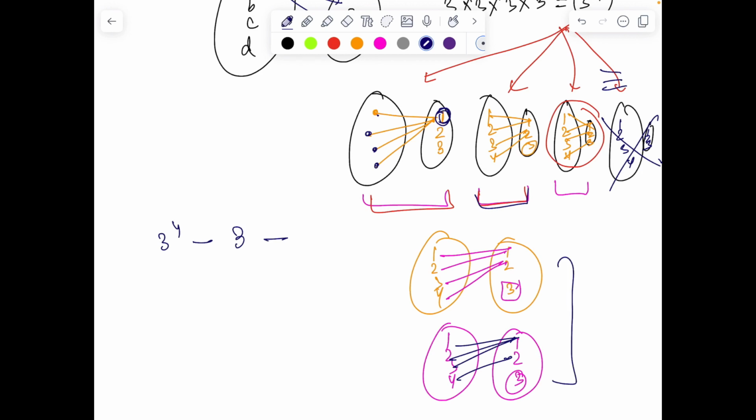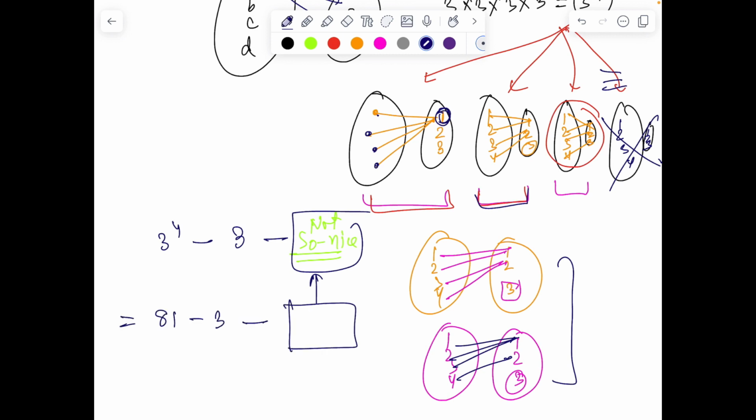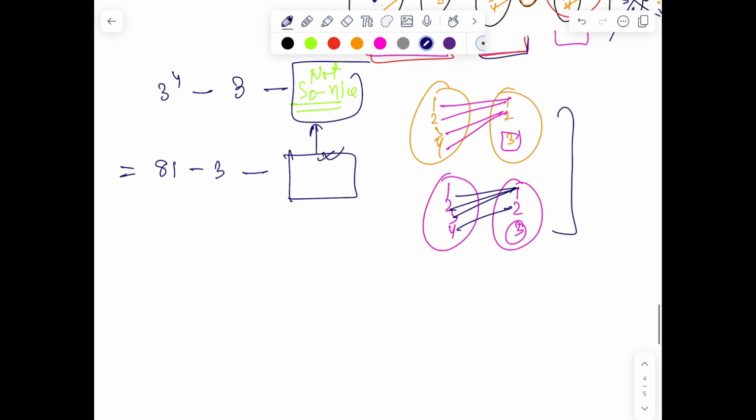Or it might happen like 1, 2 is going to 2 and 3, 4. So there are so many ways. Now counting this is not so nice, right? But if somehow you can count this total number of functions, then the problem is done. So we have total 81 minus 3 minus the number of functions which are mapped exactly to 2 elements.